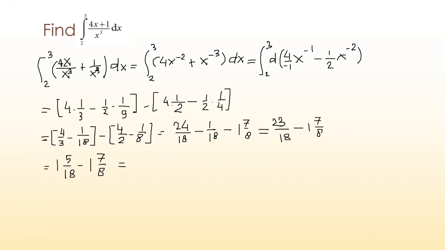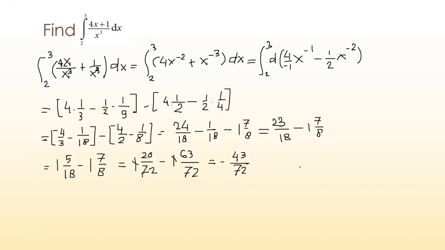It's 18 times 4, 72, and 8 times 9, 72. If times 4, it becomes 20 over 72 times 9, minus 72. Okay, 1 minus 1 equals 0, and 20 minus 63 equals -43. Minus 43 over 72.